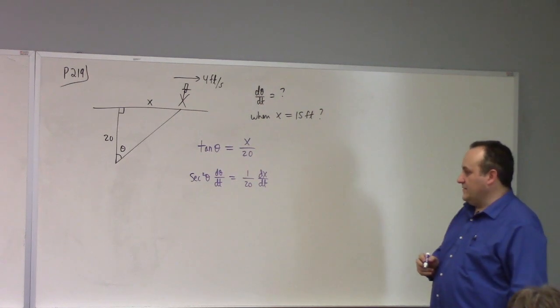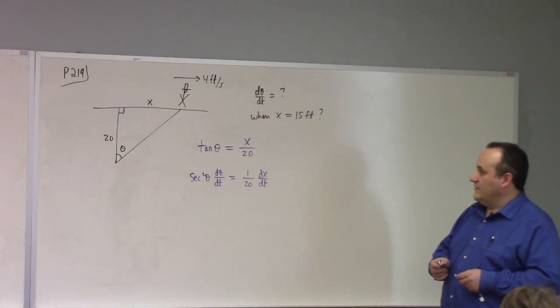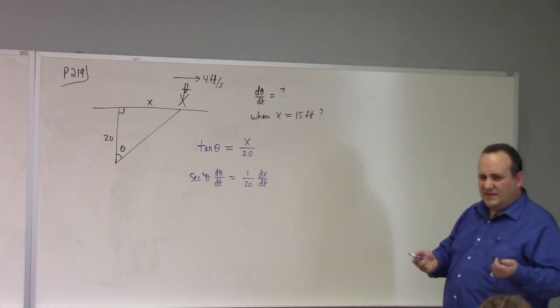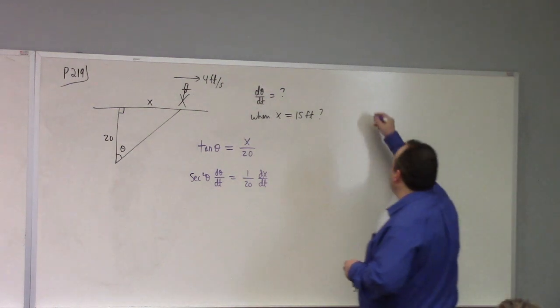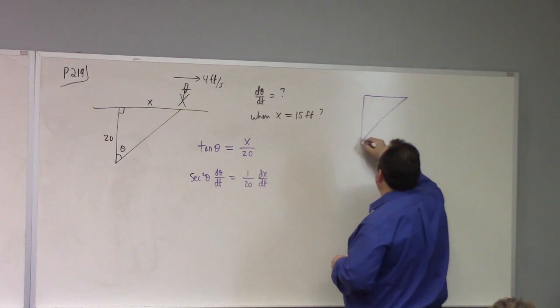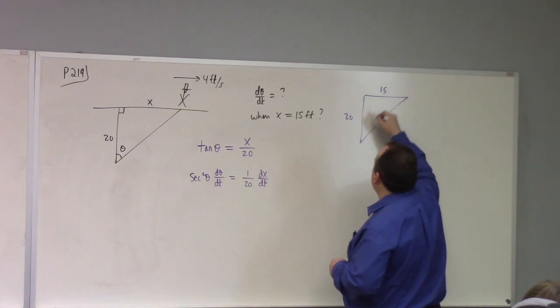And basically, we want to solve for d theta dt and figure out what secant theta would be when x is equal to 15. At the moment you're interested in, you've got this triangle, right? 20, 15, theta.